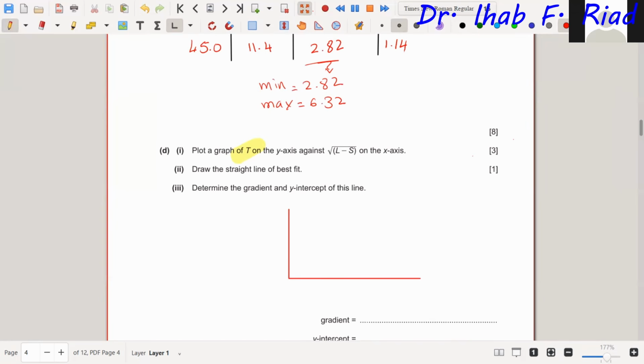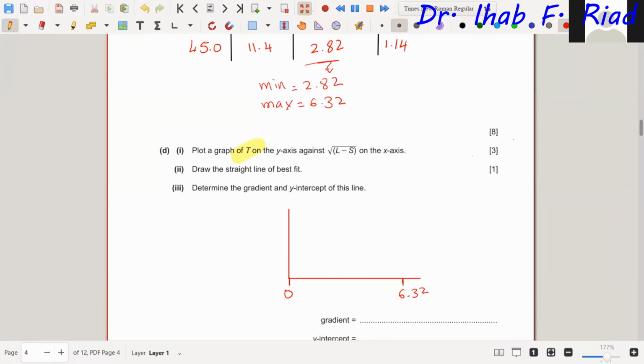The first question we can ask ourselves, what if we start the x-axis here from 0? What if we start the x-axis right from the beginning, from 0, and we end up at something like 6.3? What is the scale we need for that?